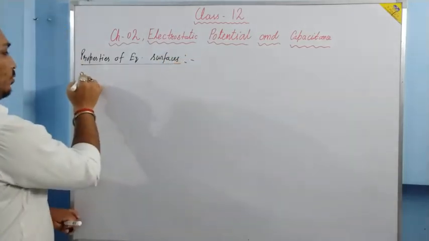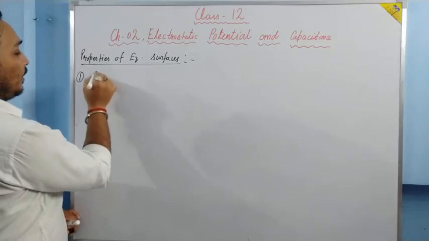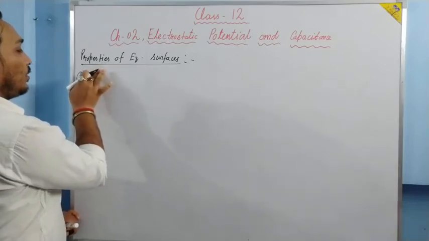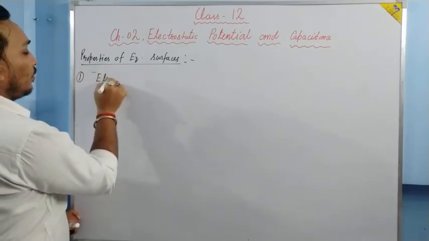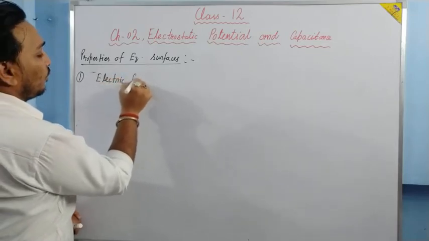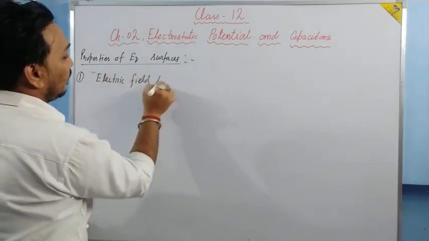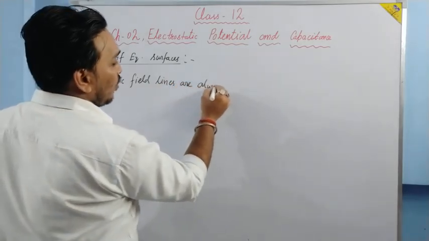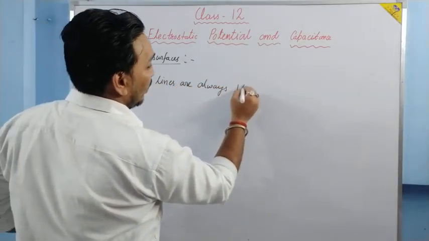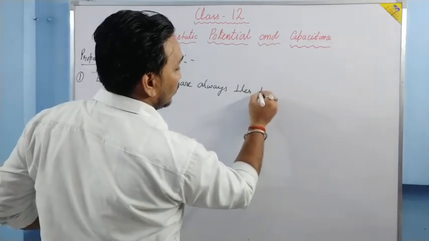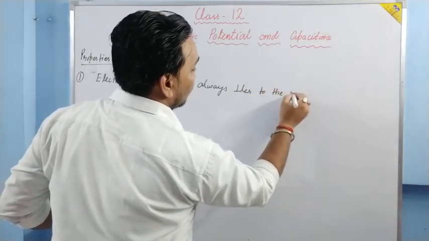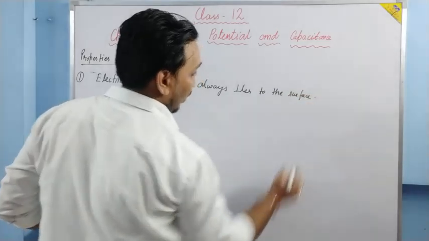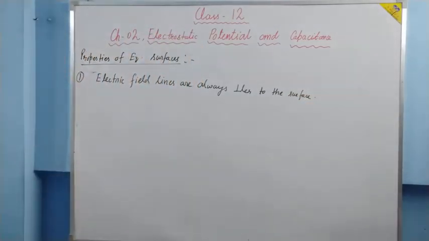The first property is that electric field lines are always perpendicular to the surface. Electric field lines are always perpendicular to the surface.